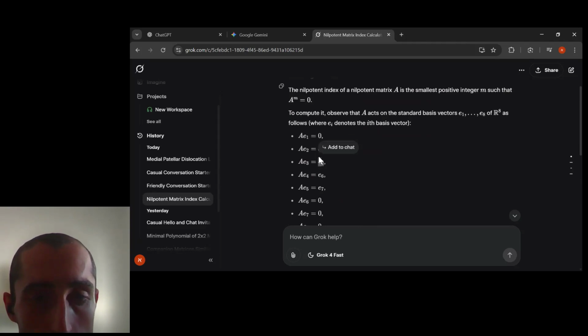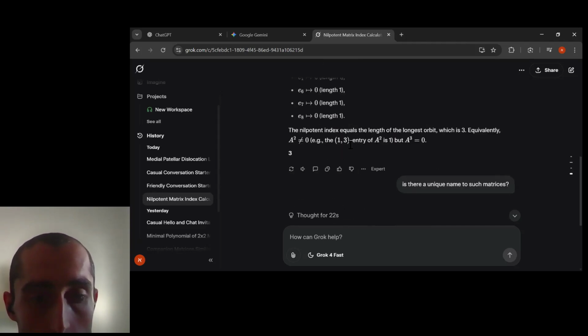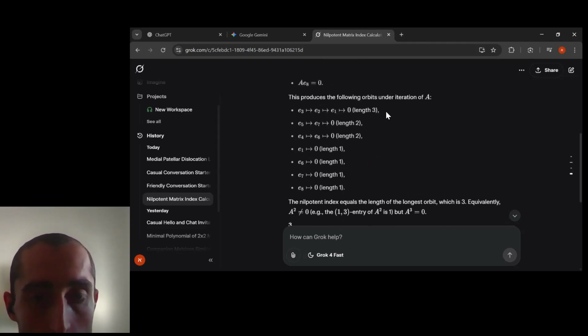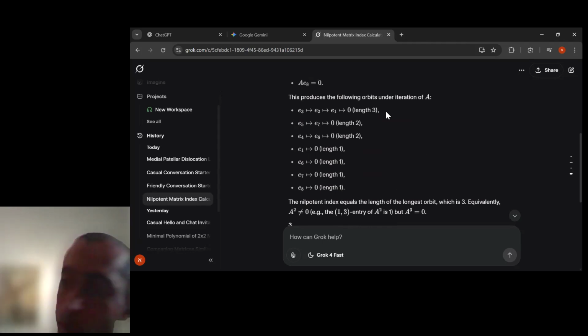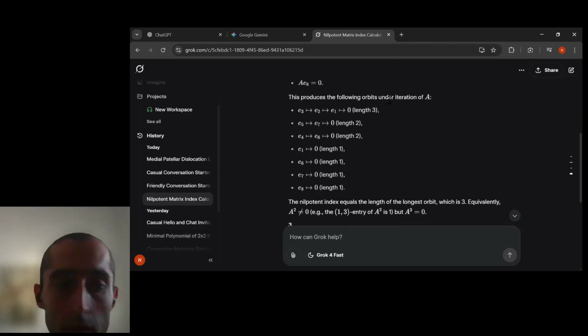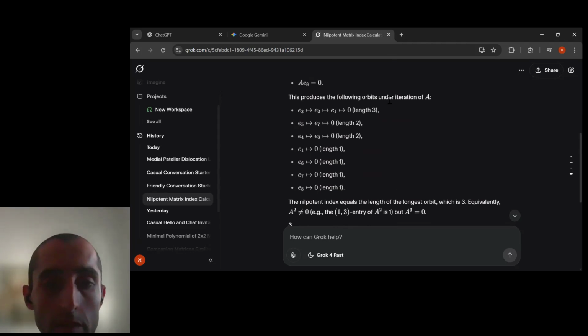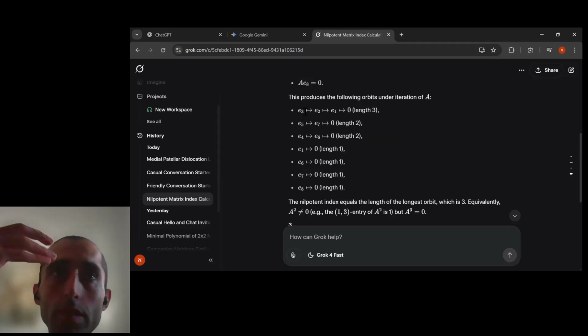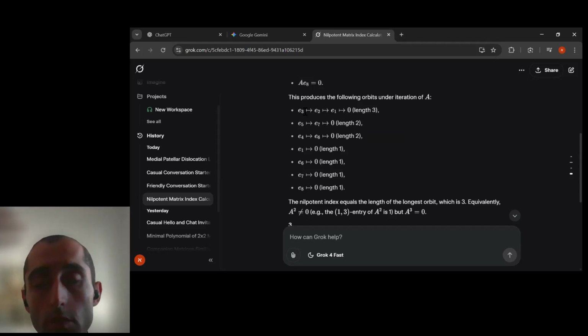When I moved it to E2, it will go from E2 to E1, and from E1 to 0. So I have this chain of applying A on the natural base, if you want, the elementary base. So you see that if it happens to the natural base, it will happen to any vector.